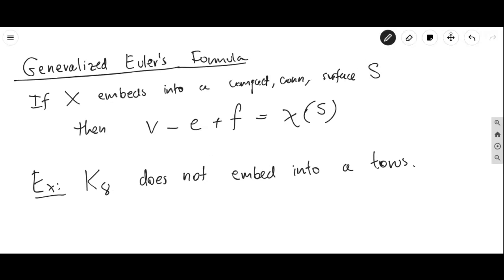So K8 does not embed into a torus. Okay, so K5, K6, and K7 all embed.